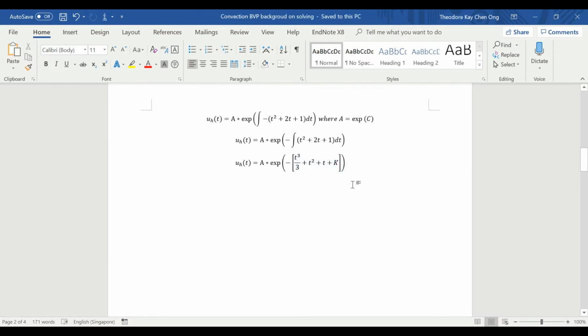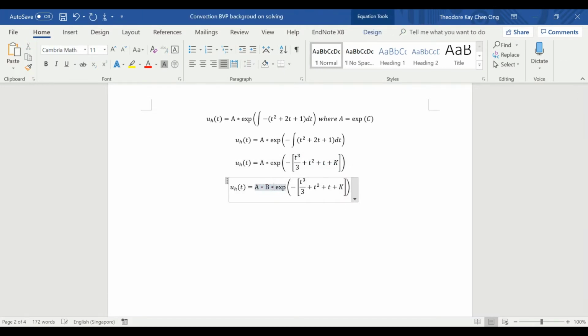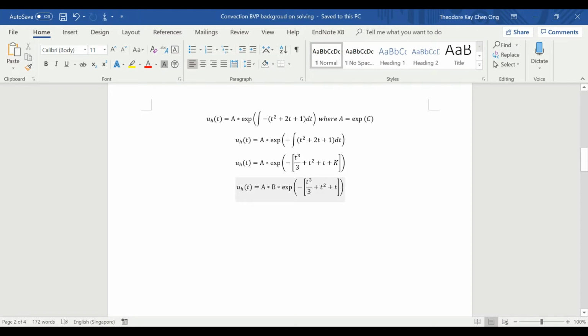Alright. And now, as usual, we can take this k out to be another exponential, the exponential of minus k in fact, and multiply it by b. That's usually the case.